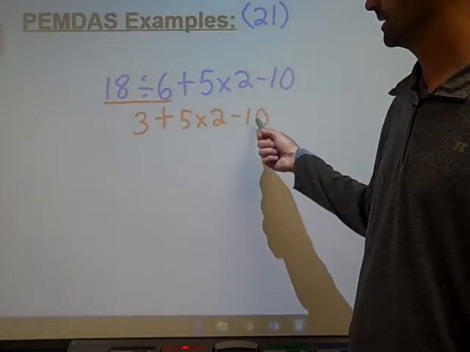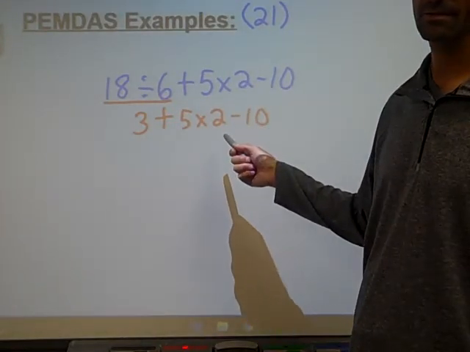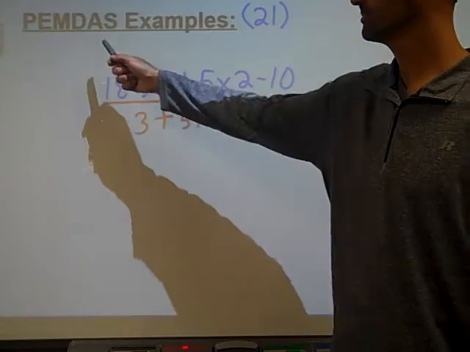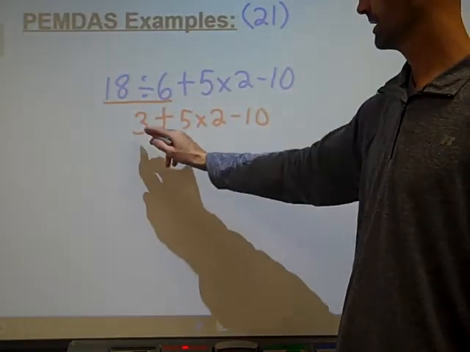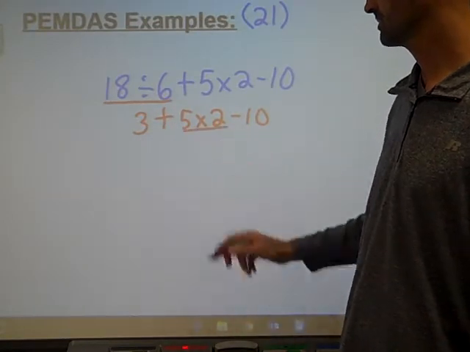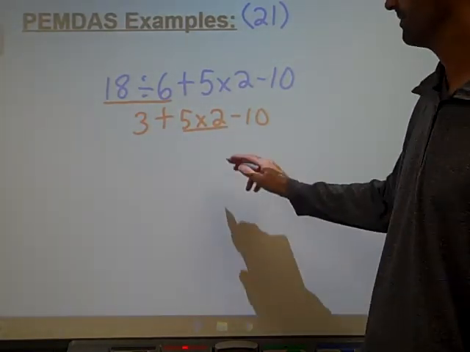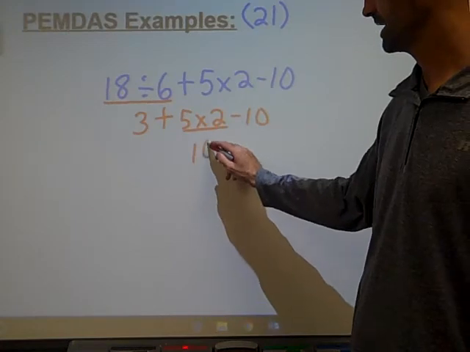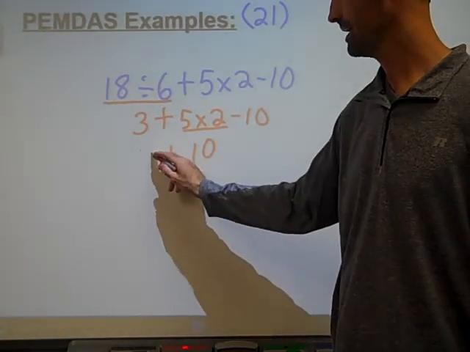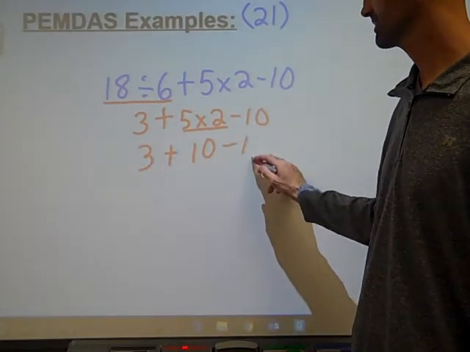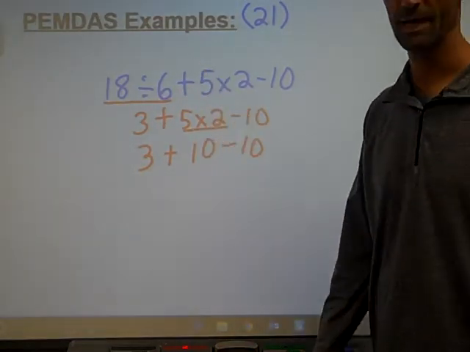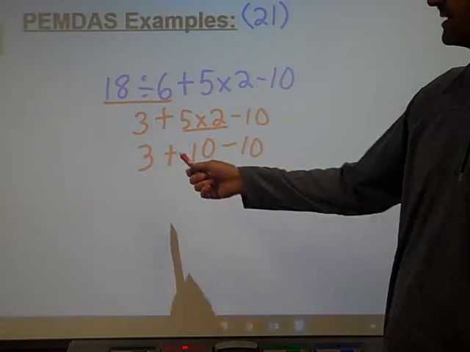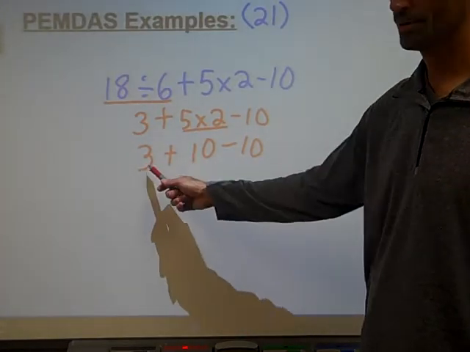Parentheses? No. Exponents? No. Multiplication or division? Yes. There is multiplication, so I'm going to underline that as my next step. 5 times 2 is 10, and then copy everything else as it is. And we'd repeat PEMDAS again. Parentheses? No. Exponents?